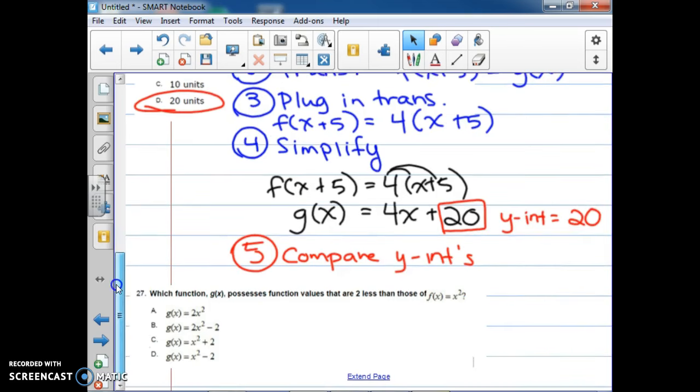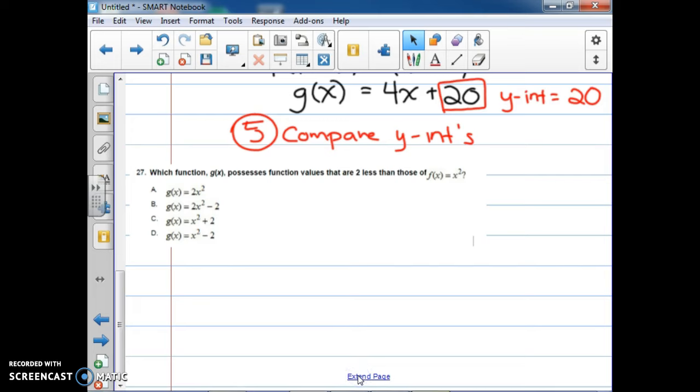Alright, one more. Which function g of x possesses function values that are 2 less than those of f of x equals x squared? First, identify the image, so our pre-image. That is f of x equals x squared.